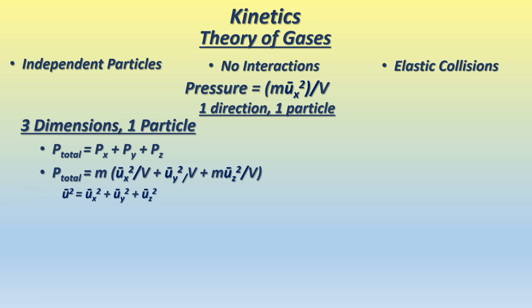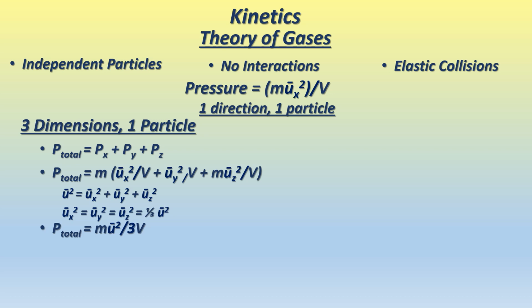Since velocity is a vector, the total velocity is simply the magnitude of the total velocity. U squared is ux squared plus uy squared plus uz squared. So my total pressure now simplifies to the mass times the total velocity squared over 3 times the volume.